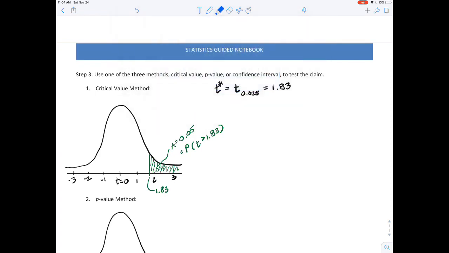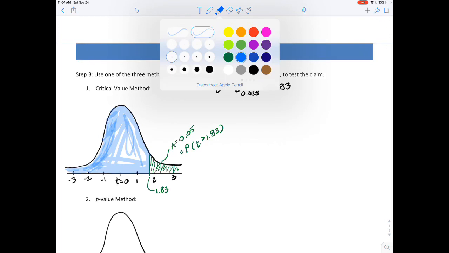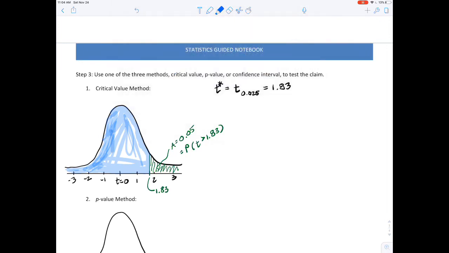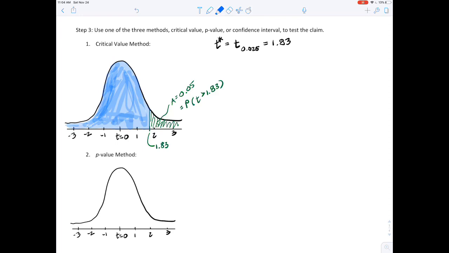On the other side, we will have all of this region here. Actually, I can make this bigger. There we go.